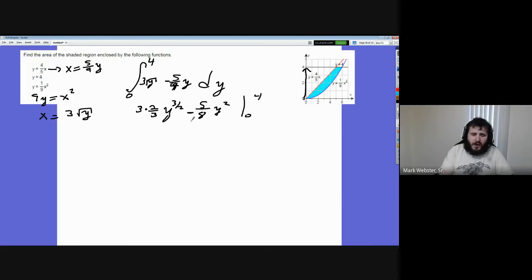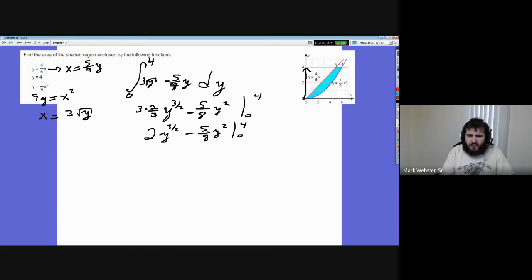The 0 goes away, which is nice. So these 3's cancel out. 2y to the 3/2 minus 5/8 y squared. So we do this again from 0 to 4.